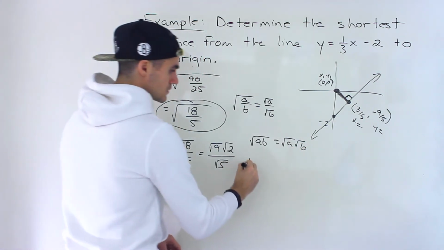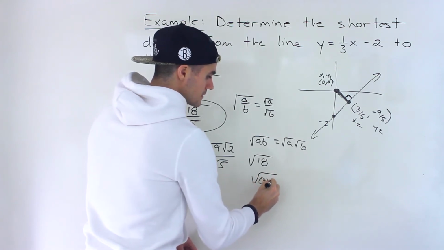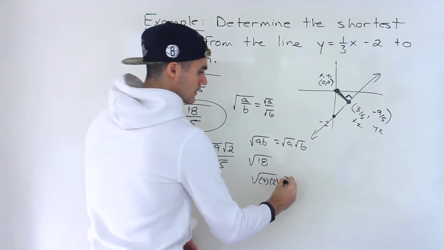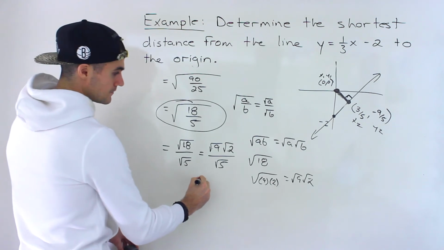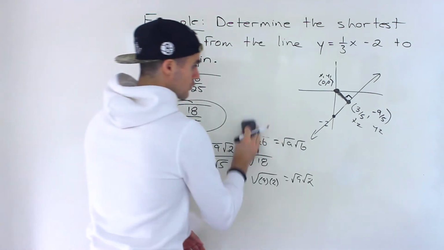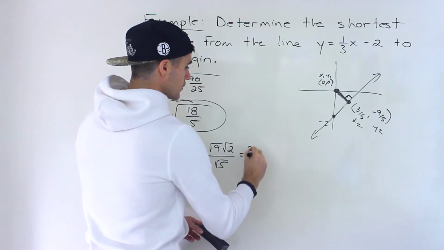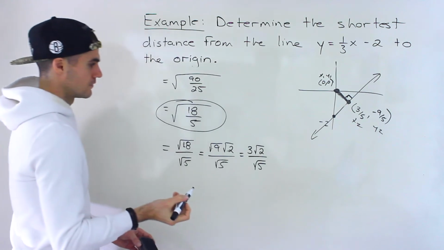So what we did was we took the root 18, broke it down into root 9 times root 2 in this format, the a times the b, and then root 9 ends up equaling 3. So we end up with 3 root 2 over root 5.